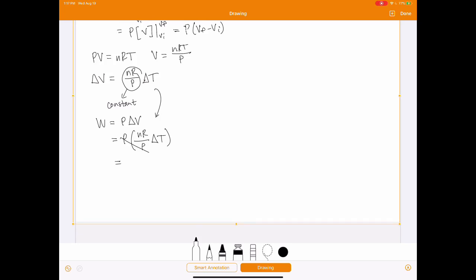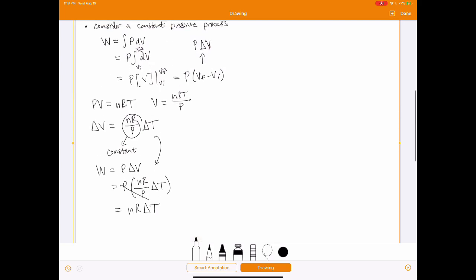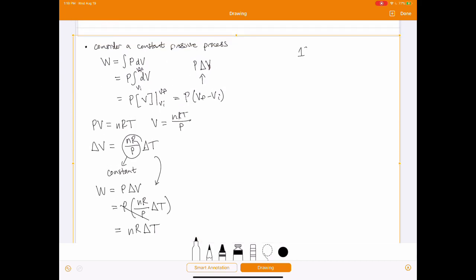So the work in a constant pressure process is nR delta T. It can be written that way just by making those substitutions I showed you. Okay, so what can we do with this next? We can bring in the first law once again, which states that Q is equal to W plus delta E internal.